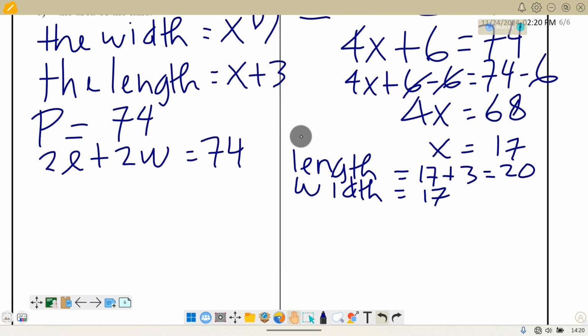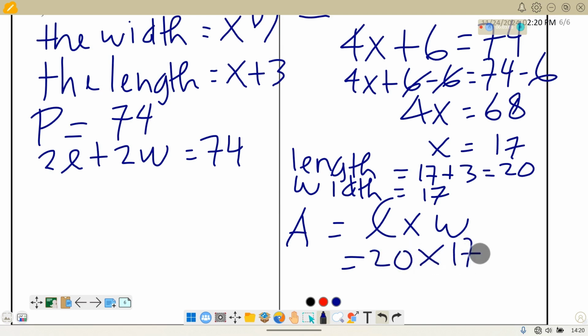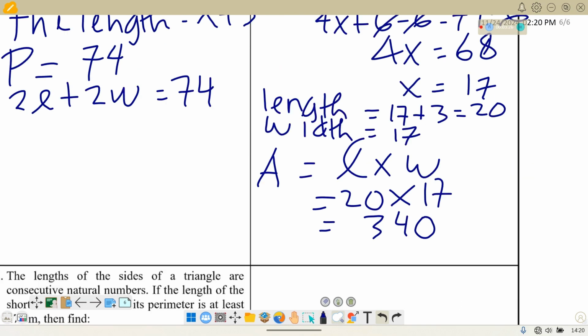The area, okay. So area equals length times width, then length 20 times width 17. So the answer is 340 meters square. This is the final answer for the area.